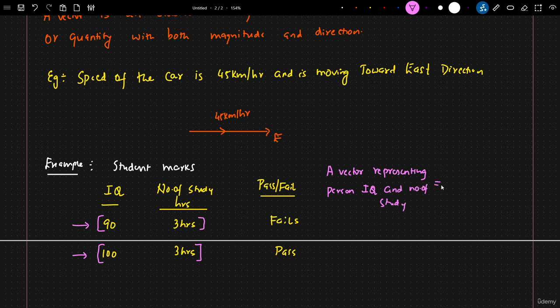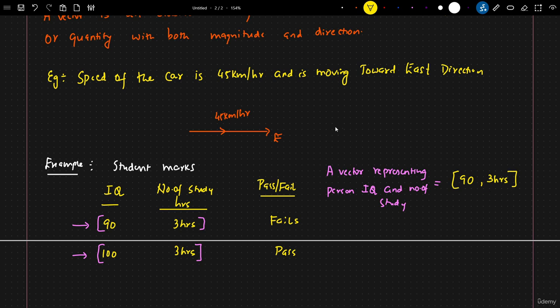So if I take the first record, I can show this in the form of a vector where my value is 90, 3. 3 basically means 3 hours. We can remove this unit.